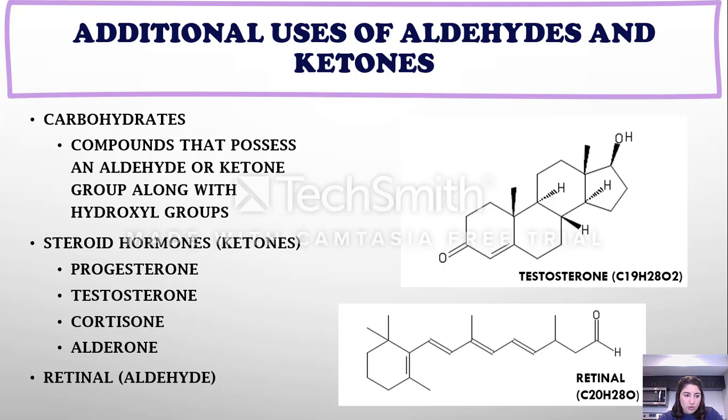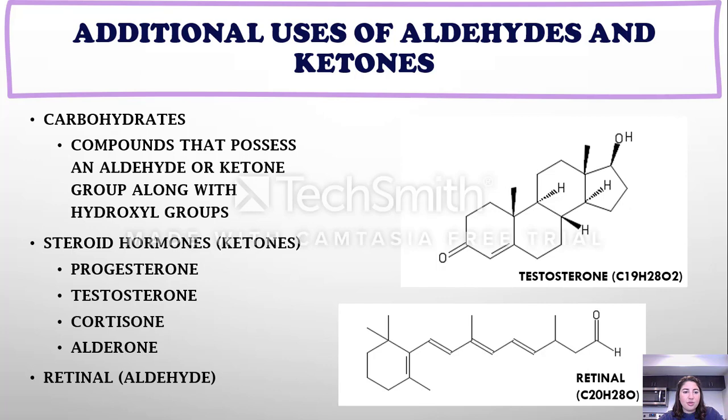Then you have your steroid hormones, which are your ketones, and these include progesterone, testosterone, cortisone, and aldosterone. And you have retinol, which is an aldehyde. So when combined with the protein opsin in the retina of the eye, it forms rhodopsin, which is the main compound involved in the process of vision.